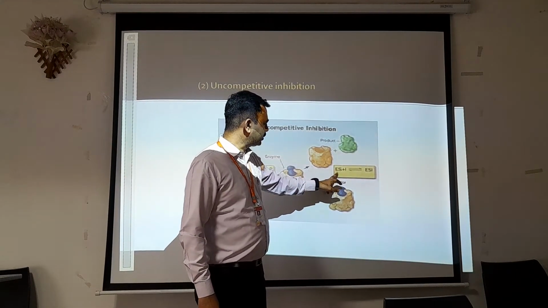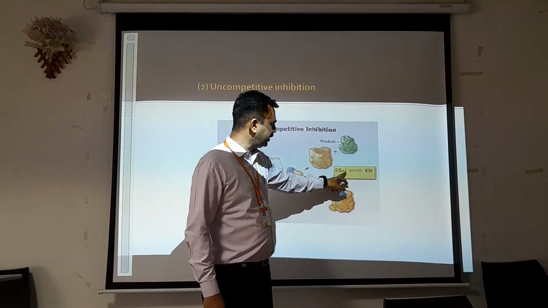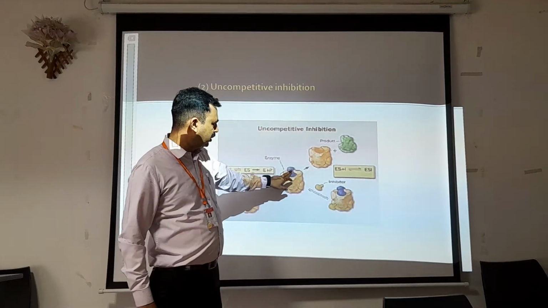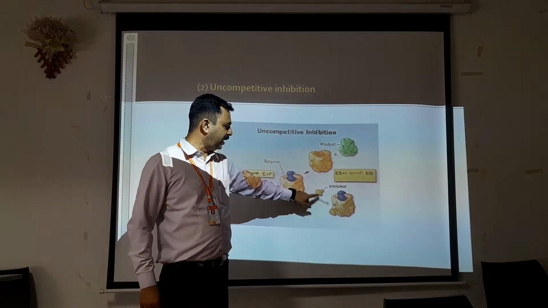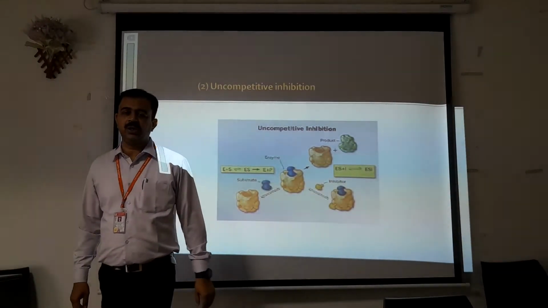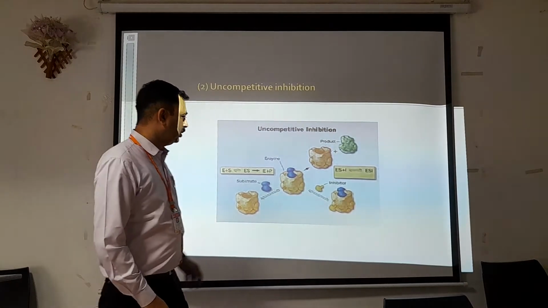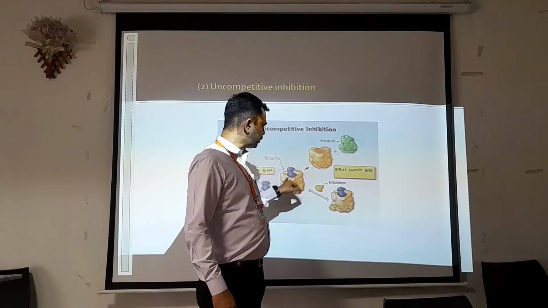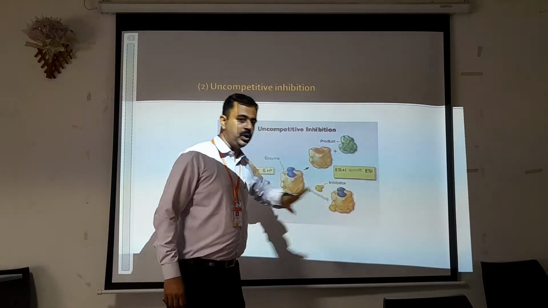Now for this purpose, when the inhibitor binds to the enzyme substrate complex, see this, ES complex ला inhibitor binds झाला and it modifies the active site of the enzyme so that the substrate will not be degraded and product formation will not take place.